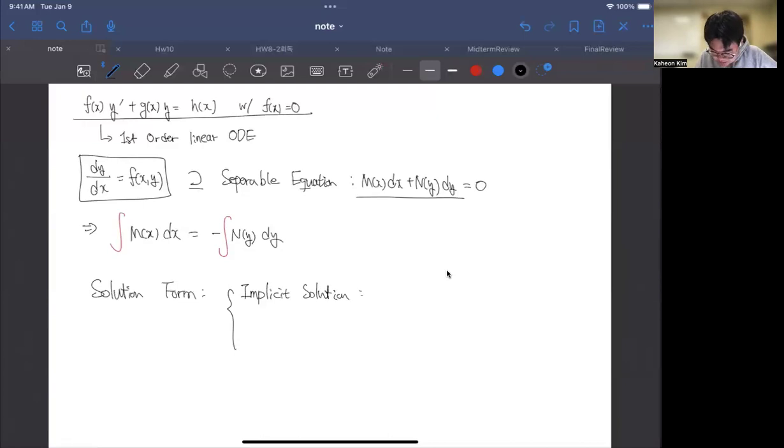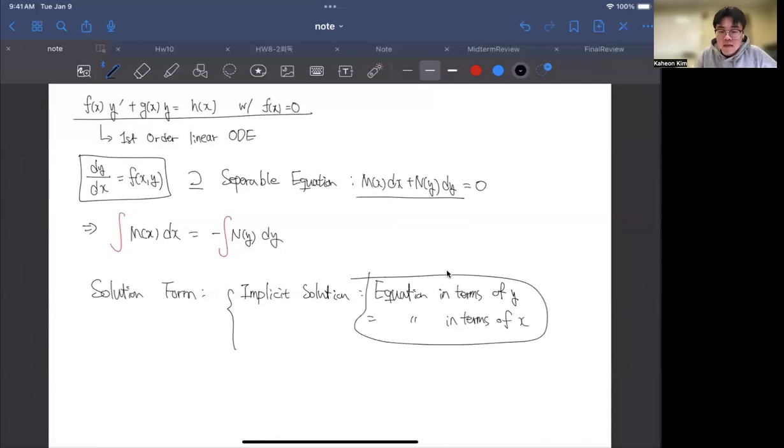It's like an equation in terms of y equals an equation in terms of x. So that means you can get a solution that is not of the form y equals something related to x.